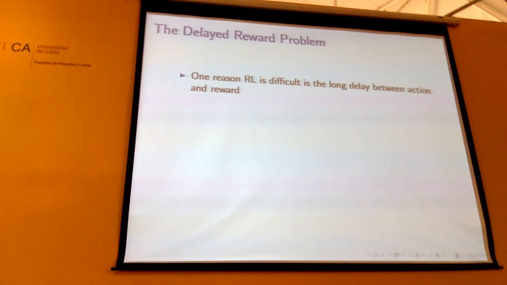Because maybe this action was really good, but the good effect only happened way far in the future. Or it might have been really bad because there's some really bad delayed effect to this action. So this is usually called the delayed reward problem or the distal reward problem.